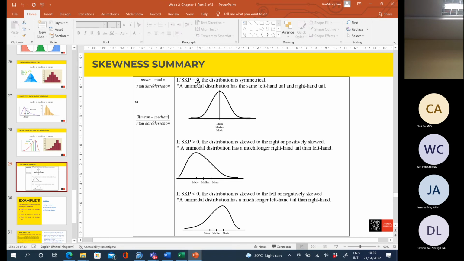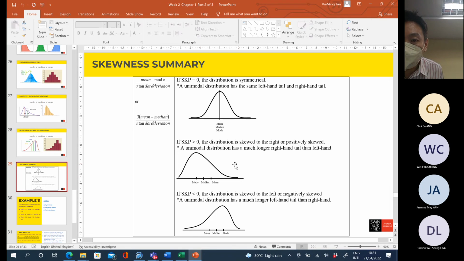Second scenario of skewness: if you use this formula to calculate the SKP and get a positive number greater than 0, that means the data distribution is skewed to the right, or positively skewed. The tail is on the right-hand side. We always look at the tail.